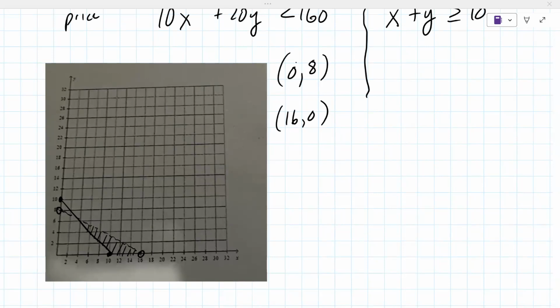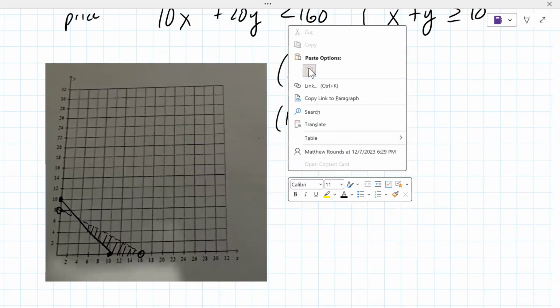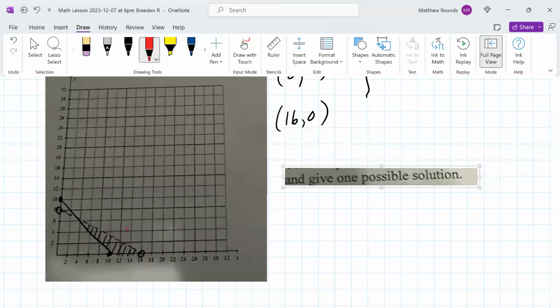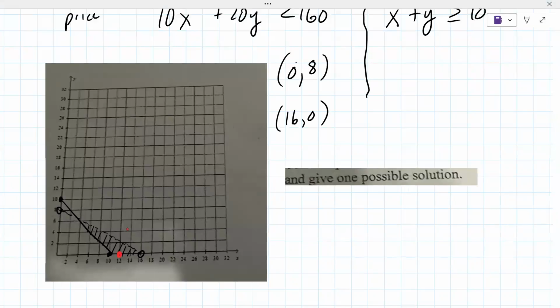I think this is a really good question because it says give one possible solution. You have to be really careful that you pick something that actually satisfies both. For sure that point does, that point does, and that point does. The others are all kind of questionable, depending on how well you graph.